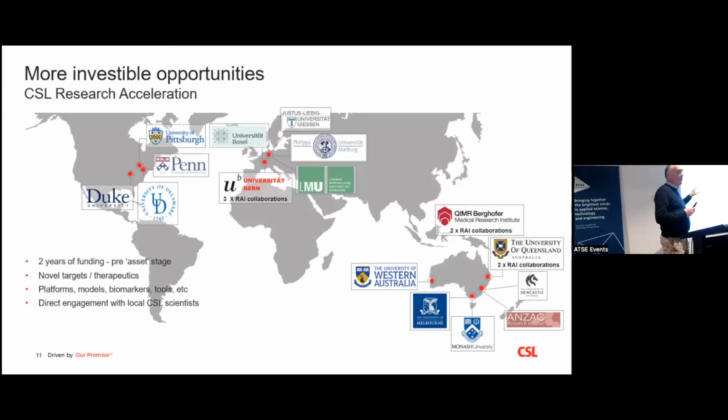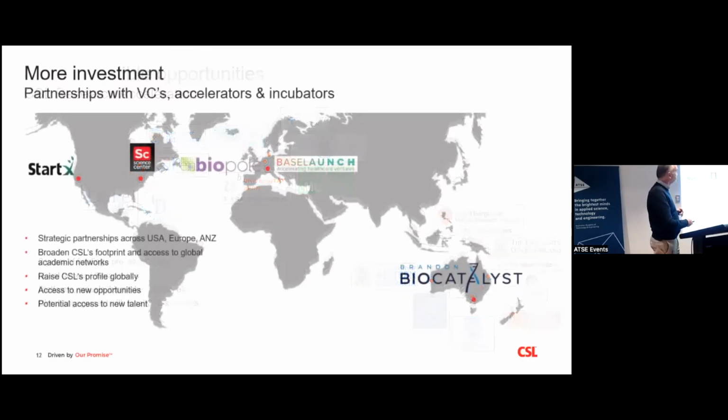And currently there's about 35 or so projects within this early portfolio. So this is CSL out investing in the academic sector, helping create opportunities that can have a better chance of successfully translating. This is some of the investment we're doing in accelerators and with VC groups.